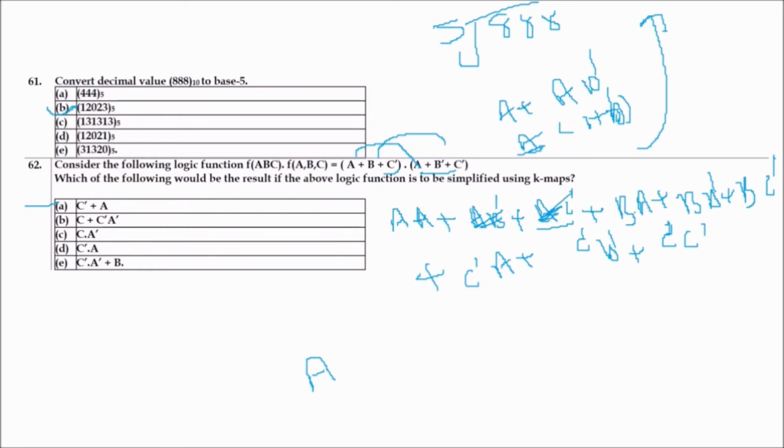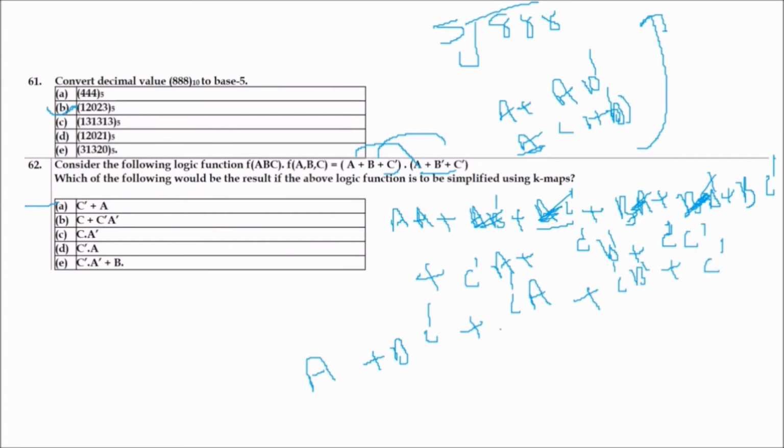Again, I'll do it with this. I take A common, and 1 plus B will again be A. Then BB', because B and B complement, this will be 0. Then we come to BC', so let me write it. BC' plus C'A plus C'B' plus C', that is C'.